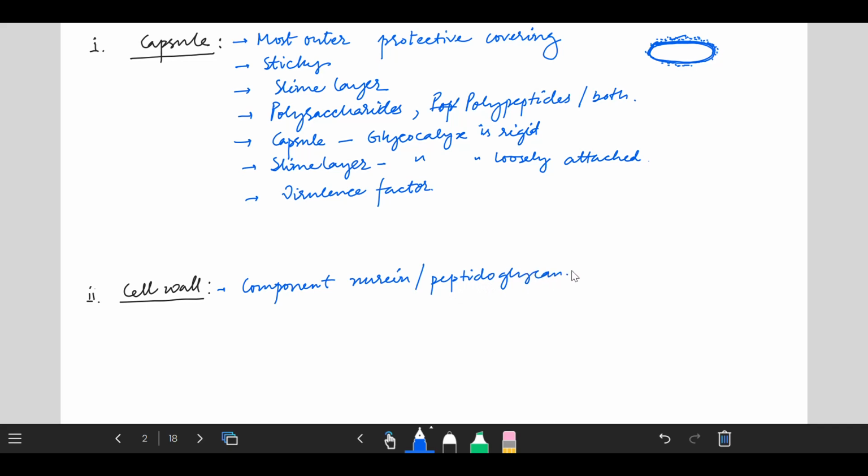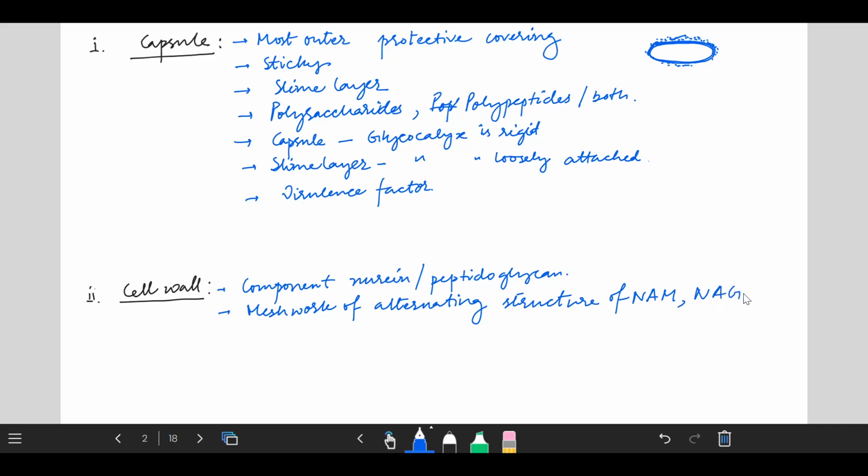Structurally, this peptidoglycan layer consists of a meshwork of long chains of alternating molecules of NAM and NAG.